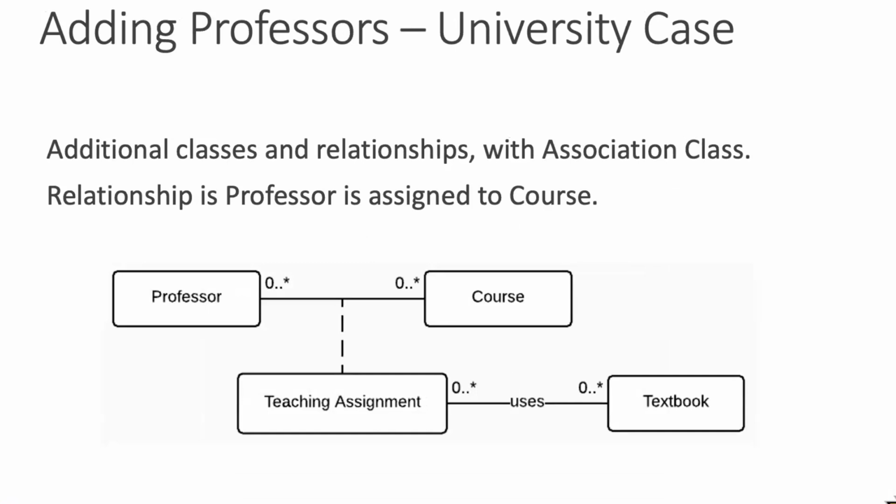They are doing an administrative role, like the president or the dean of the college. They don't teach anymore. They just do the administrative stuff. So a professor can teach 0 to many courses. Also, a course can be taught by 0 to many professors.